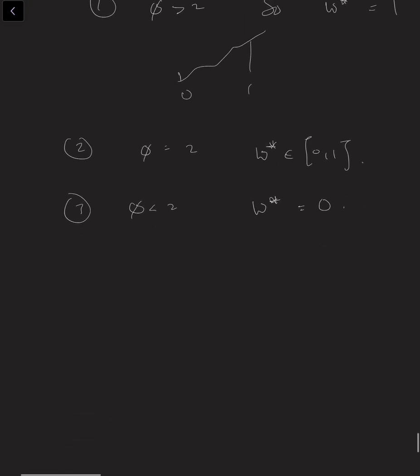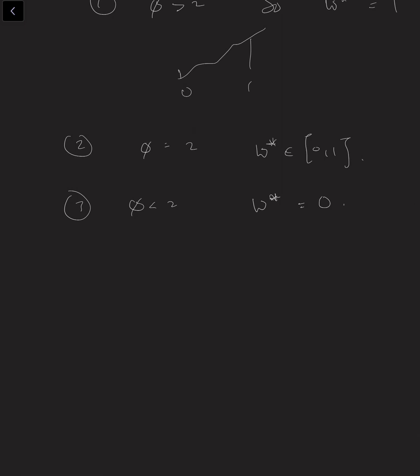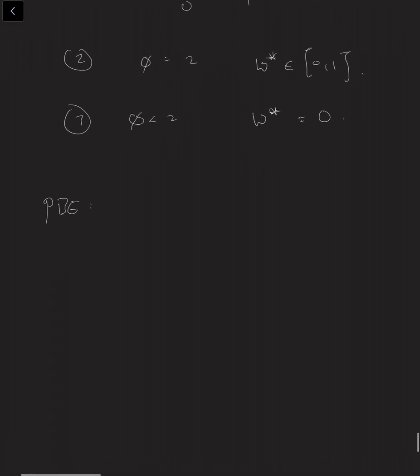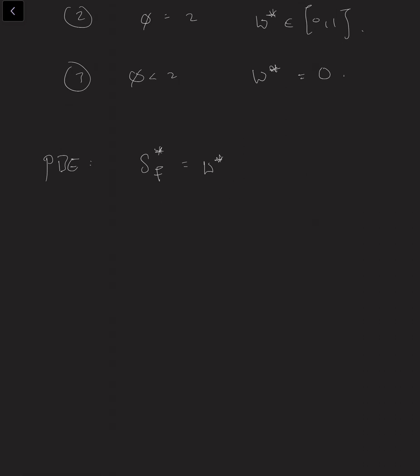Okay. So we then characterize our PBE as the following. As far as the firm's strategy is concerned, in equilibrium it is defined in terms of the firm's wage offerings.